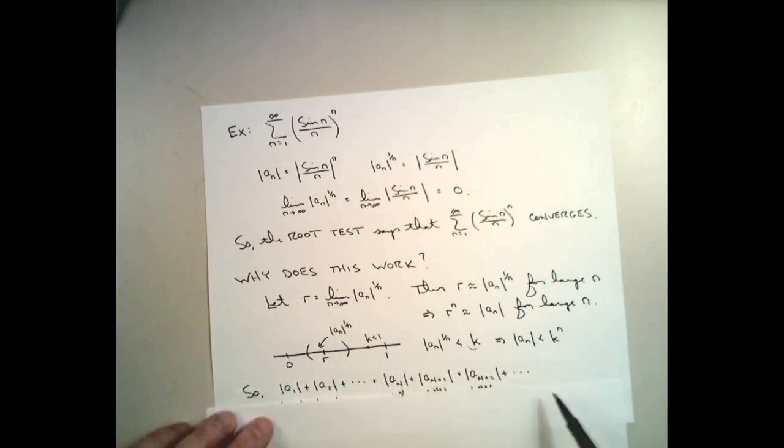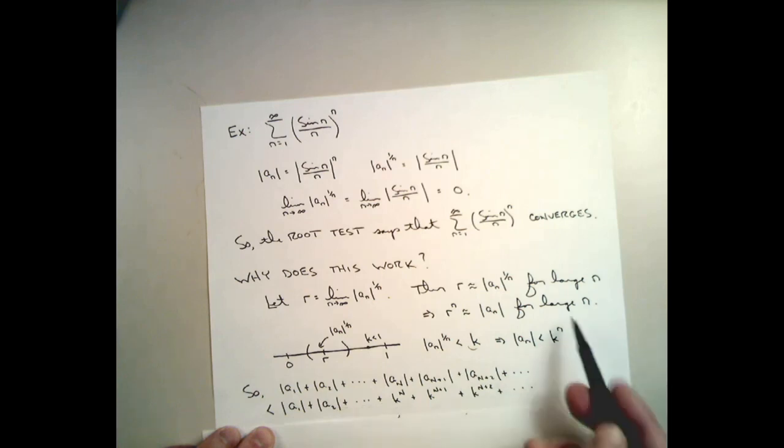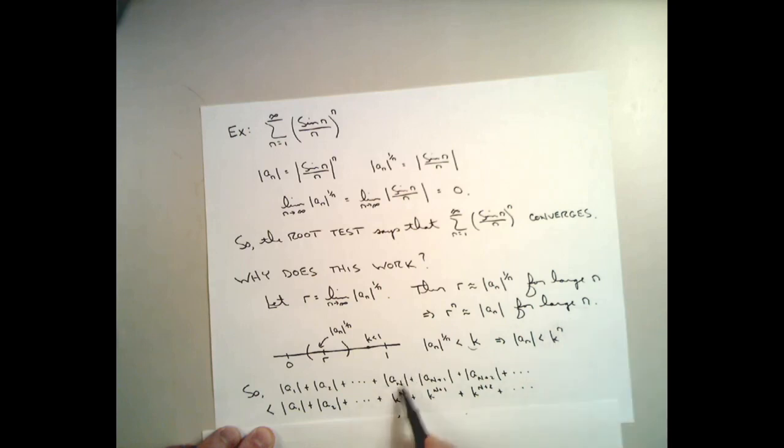And so if I wrote down the terms of my original series, those are going to be smaller than, I'm going to write down the first bunch of terms, but whenever I get large enough, and I was using 108 before, I don't know what the number's going to be, there's going to be some place at which I can start saying that a sub n is less than k to the n. So a sub capital N is going to be smaller than k to the capital N, a sub N plus 1 is going to be less than k to the N plus 1, and so on.